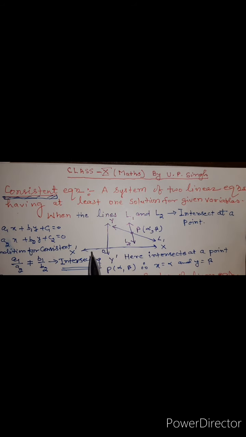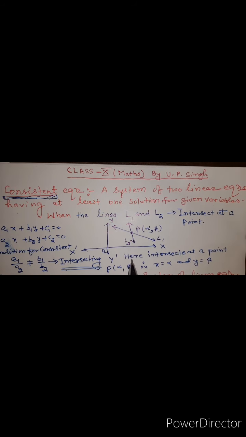Look at here, by graph I have showed here two lines L1 and L2 are intersecting each other at point P, whose coordinate value is alpha and beta, and this alpha is abscissa and beta is ordinate.